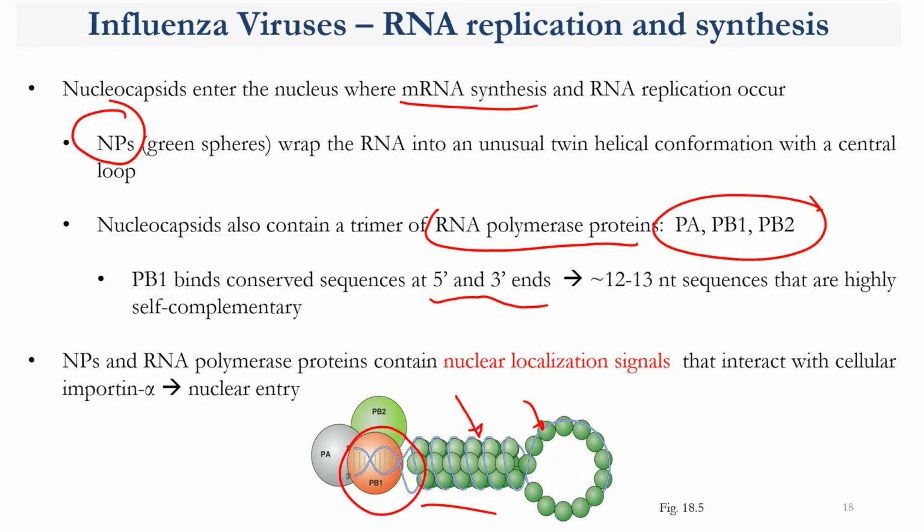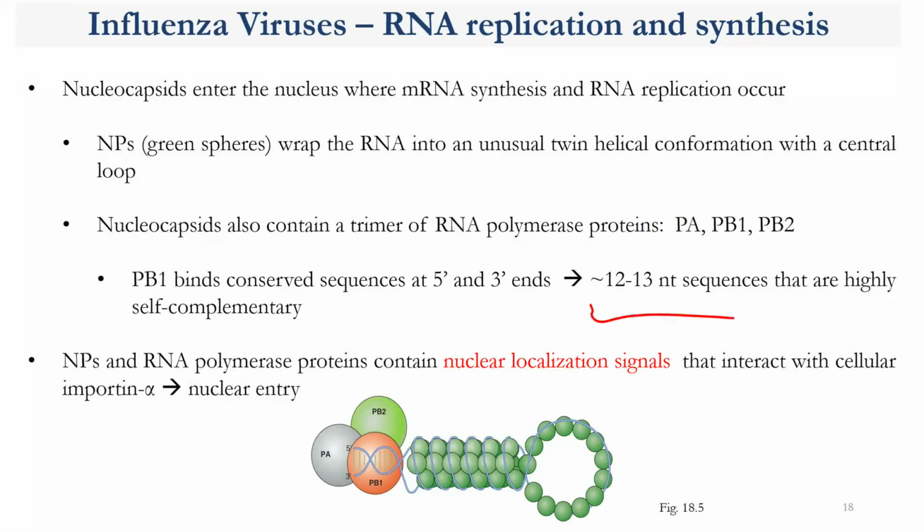So these are the regions that I showed you earlier on either end of the genomic fragment. These are about 12 to 13 nucleotide sequences that are highly self-complementary, and your RNA polymerase subunits are going to bind here.